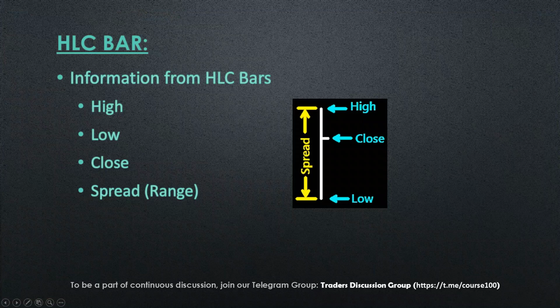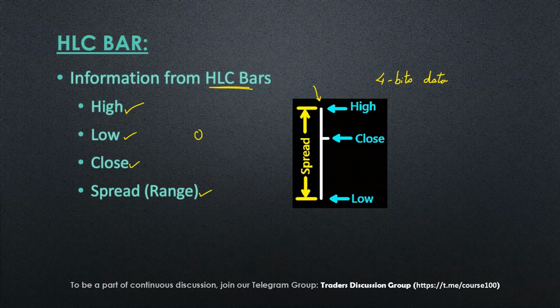In the last session we discussed the HLC bars, which I am going to use in this series. So your HLC bar looks like this. It has 4 bits of data, and those are your high, a low, a close, and the spread.